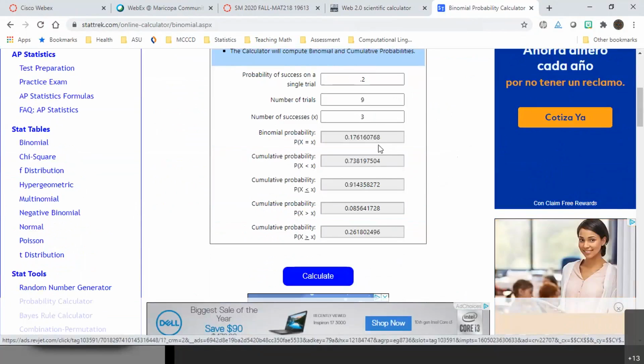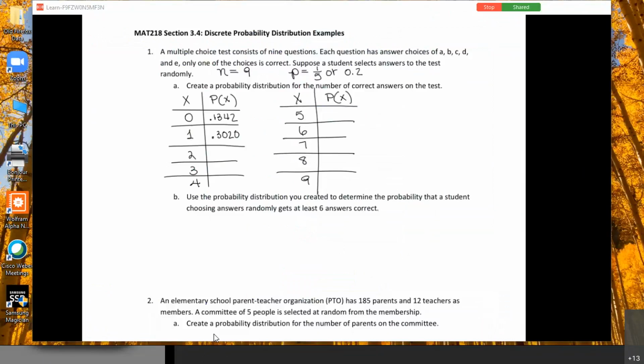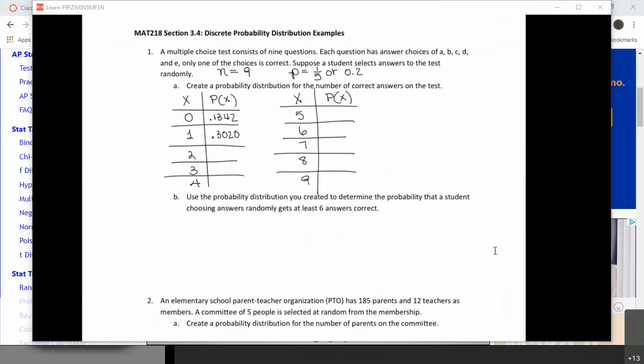And it's giving you the exact probability here. Then all you have to do is go back and change that x value, and it'll keep giving you all the probabilities. So everybody understand how to use these calculators? Any questions on using binomial calculators?